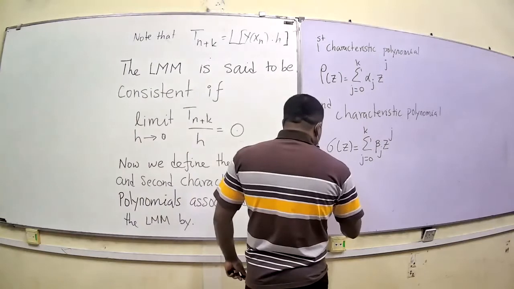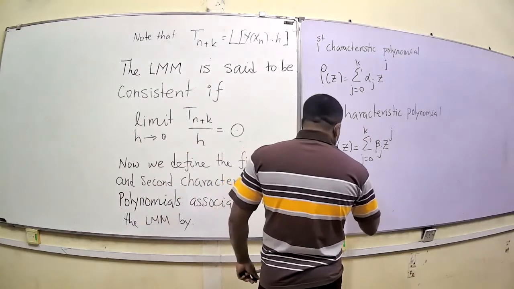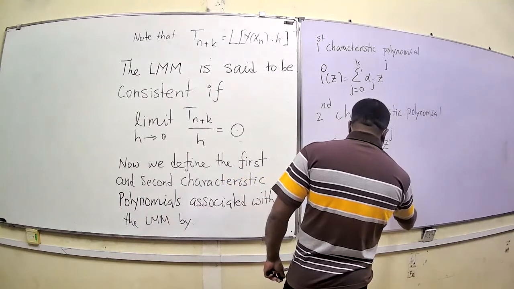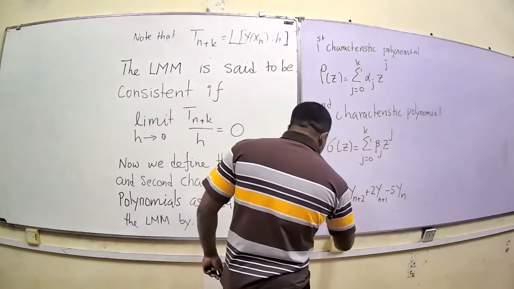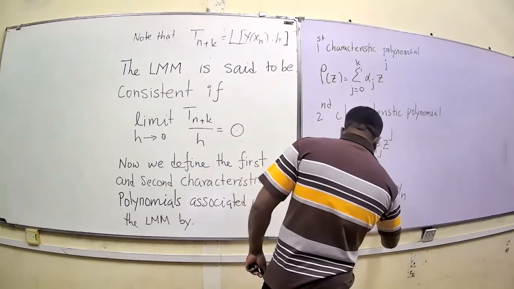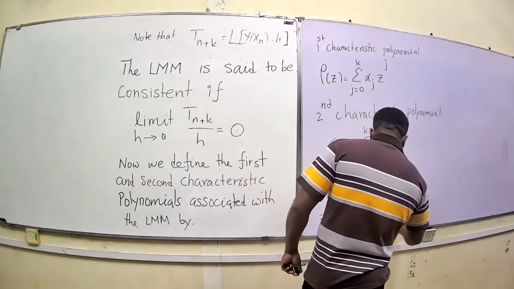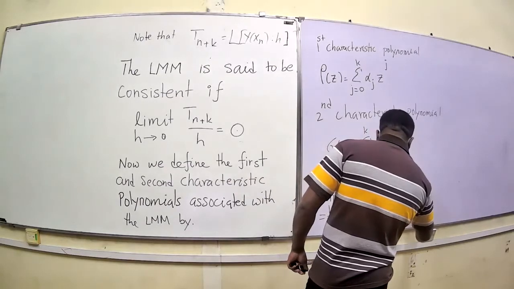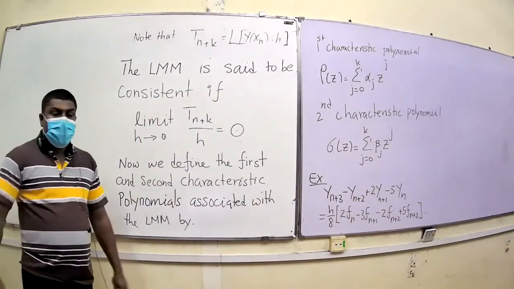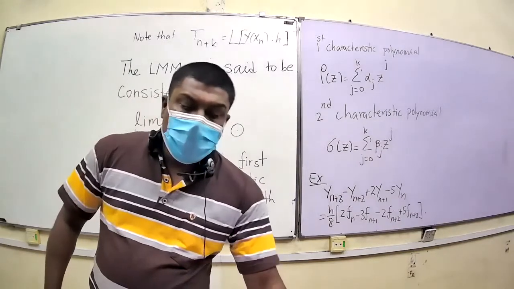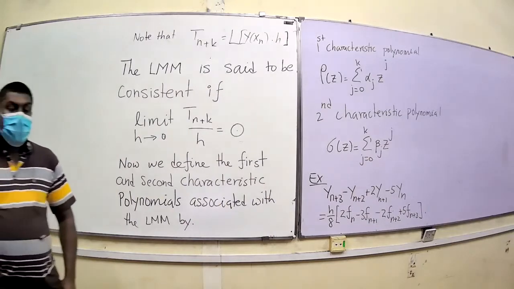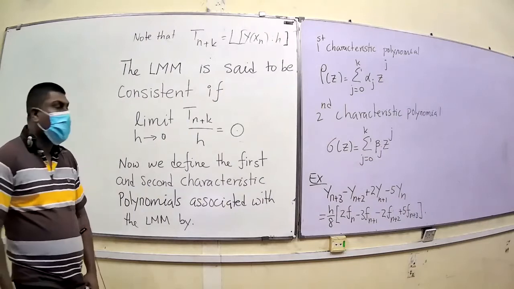So let us say there is a linear multi-step method like this: yn plus 3 minus yn plus 2 plus 2yn plus 1 minus 5yn is equal to h over 8 times 2fn minus 3fn plus 1 minus 2fn plus 2 plus 5fn plus 3.